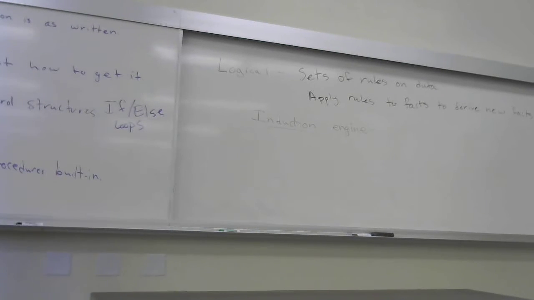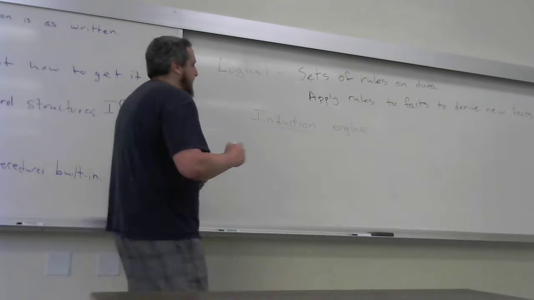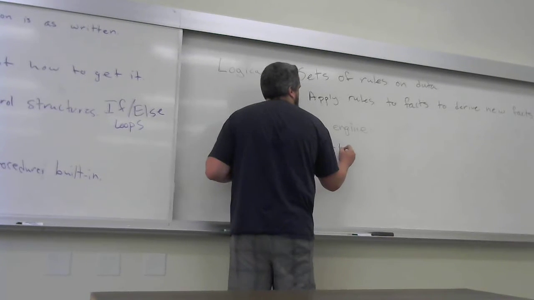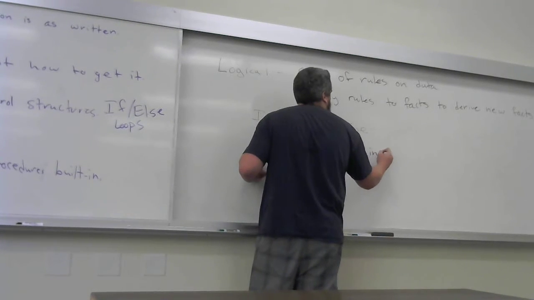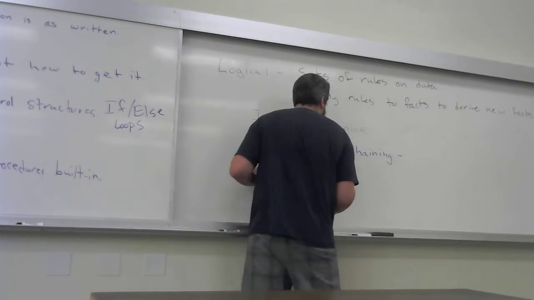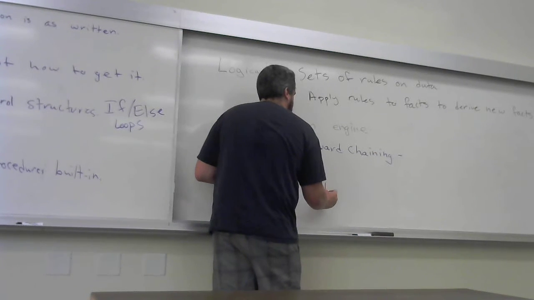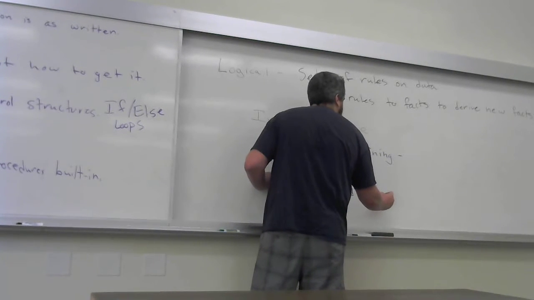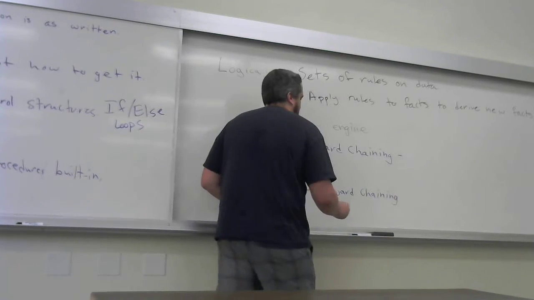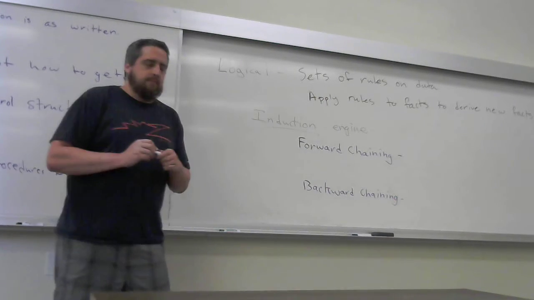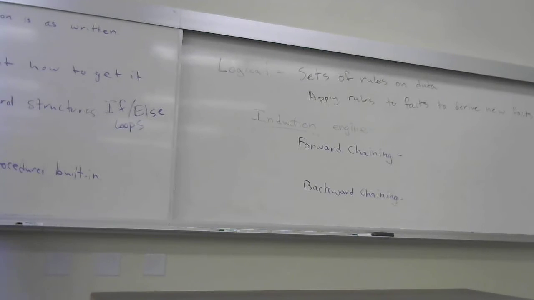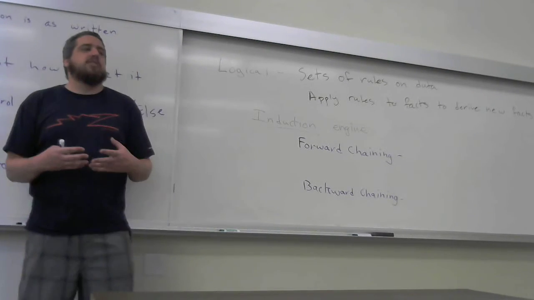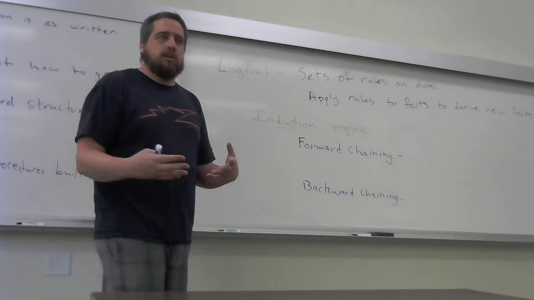But there are two parts that this engine does. It can either do forward chaining or backward chaining. Forward chaining is when you take a set of existing conditions or existing facts and you determine what can occur.